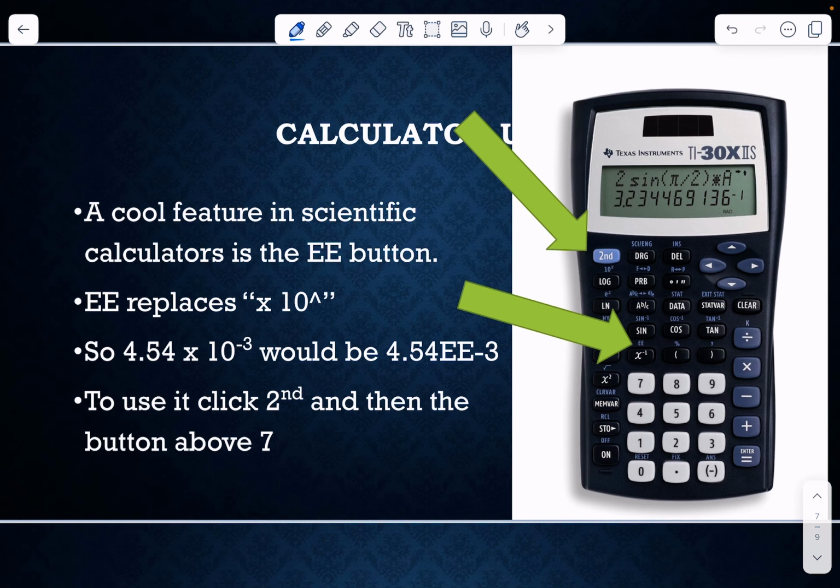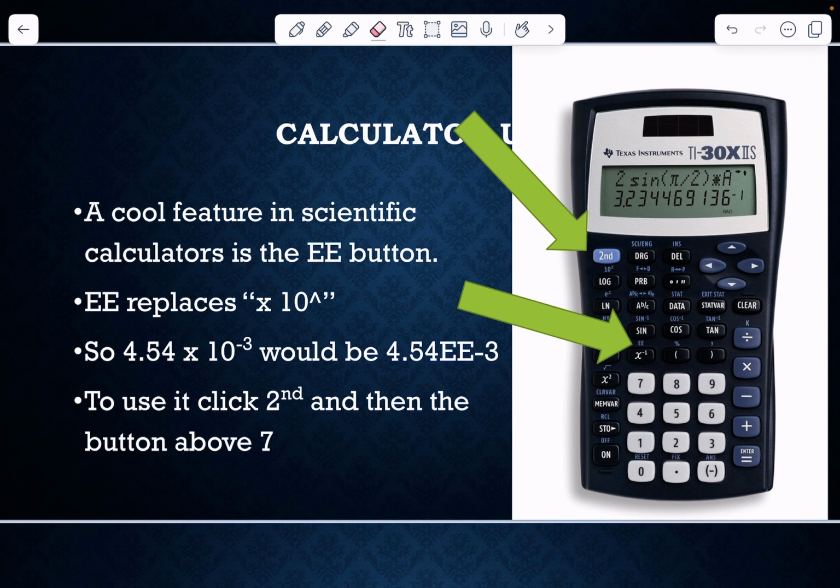Calculators have a very cool function that allows you to do scientific notation very easily. There's a function, and it's right here. It's a double E. Some calculators require you to hit this second function before hitting this button to get that double E. So let's practice using that.